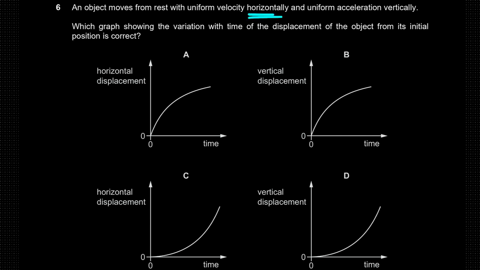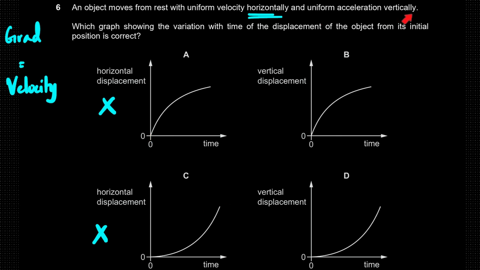But if I'm talking about the horizontal component, if the velocity is constant, that means the gradient is constant, because the gradient is velocity. So for the gradient to be constant, it must be an upward sloping straight line. So it definitely cannot be a graph with horizontal displacement on the y-axis, right? Because all of these graphs are curves and we need a straight line like this.